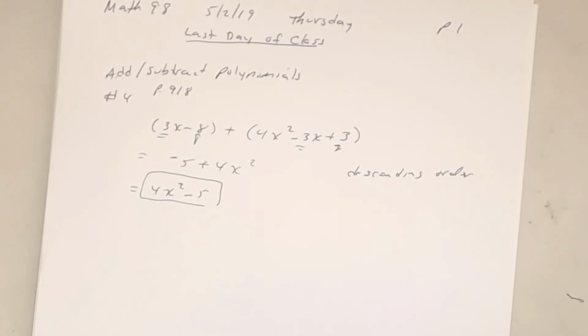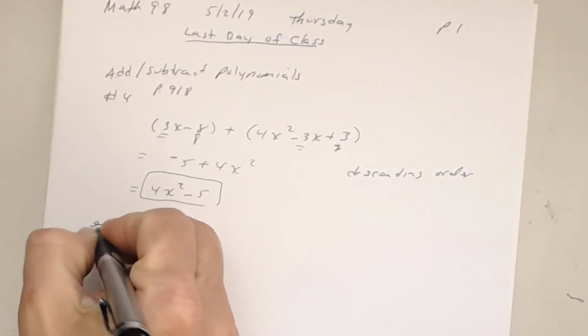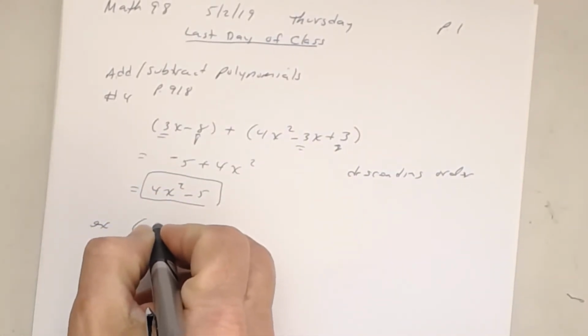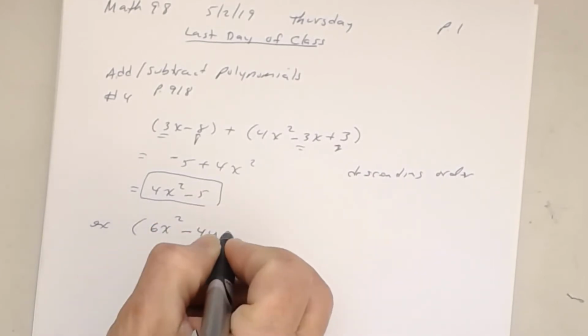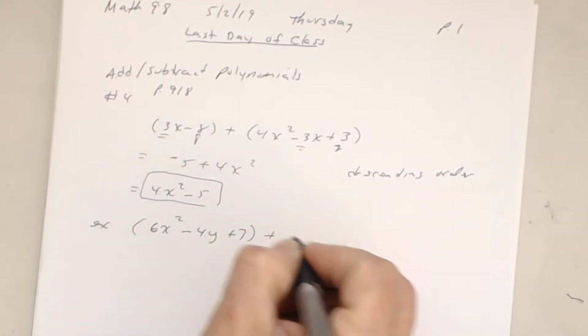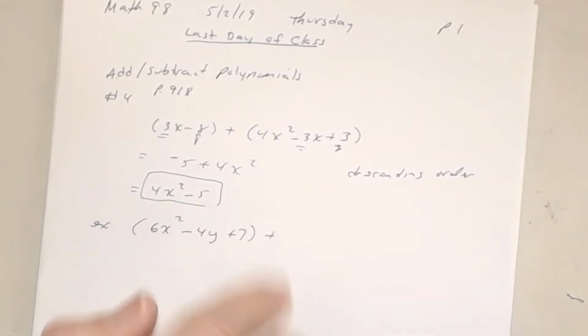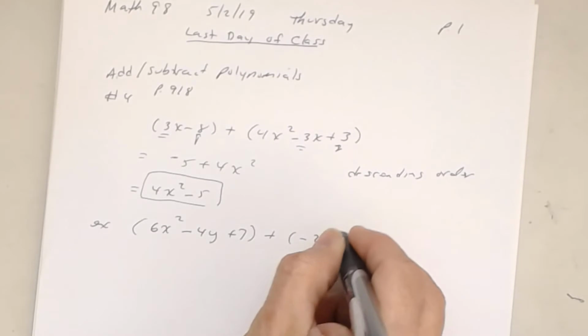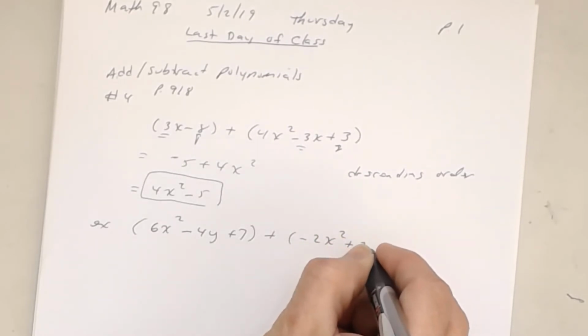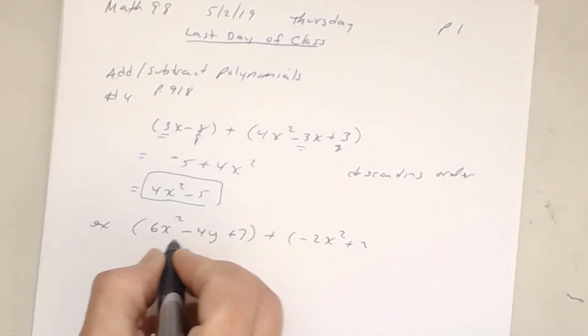Let's look at this one. So I'm going to write this example. Suppose we had 6x squared minus 4x plus 7, and I'm adding this polynomial to this one. I did not mean that to be two different variables.